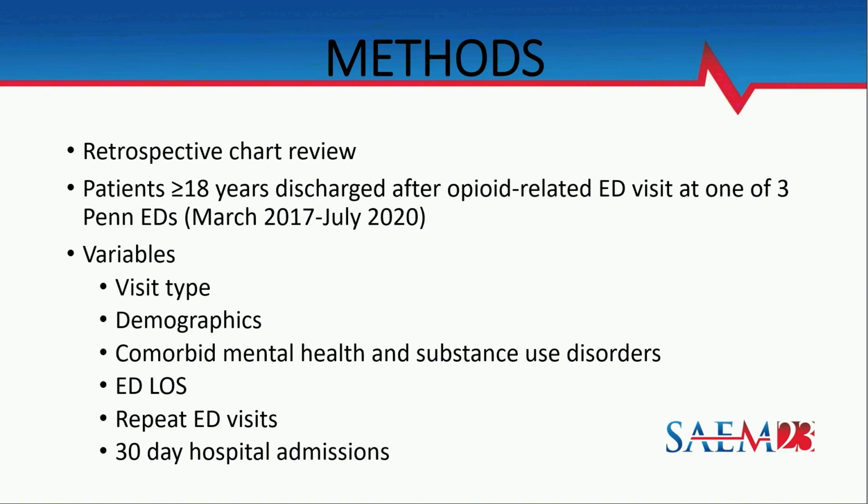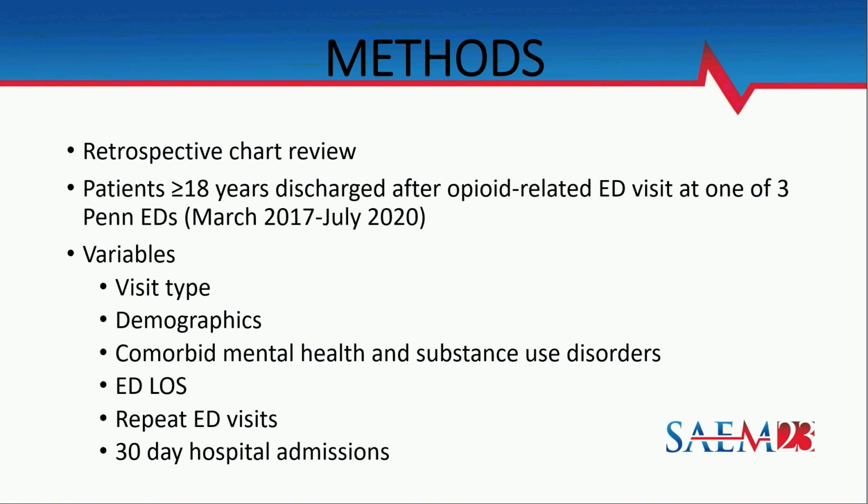And then they looked at demographics, so things like age, race, ethnicity, sex, comorbid mental health and substance use disorders, ED length of stay, which is important to look at, especially considering boarding right now is a public health crisis. So we want to make sure that interventions aren't increasing length of stay significantly.